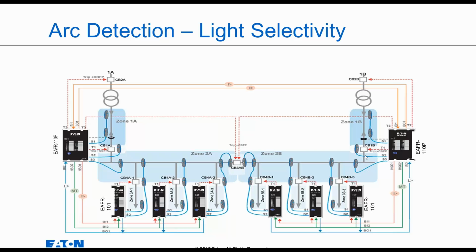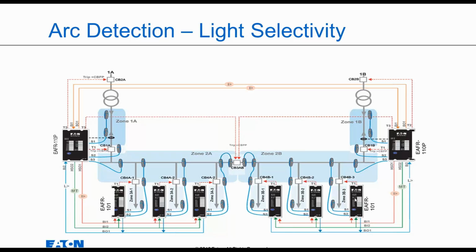And maybe if we only see light on S2, we may trip 1B and CB1B, where this could be lightning, or this could be a fault inside the circuit breaker or slightly above the circuit breaker in this zone. So that's where you could segregate for selectivity these different sensors to get that separation.